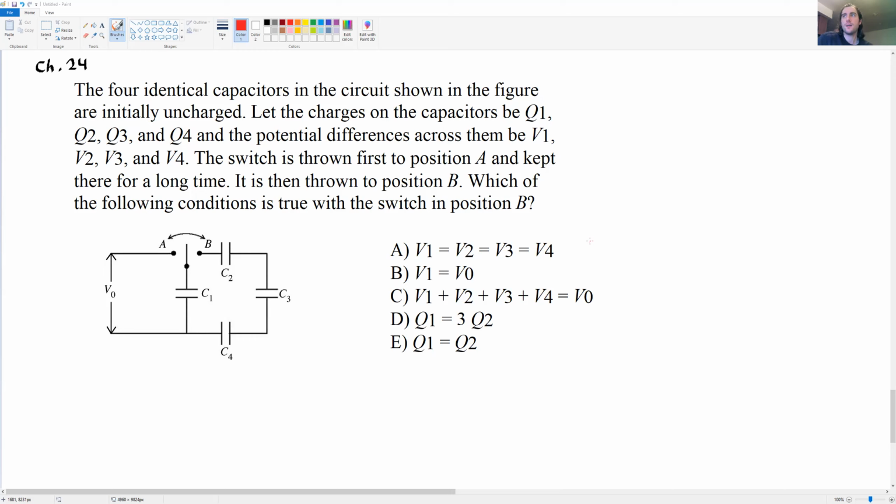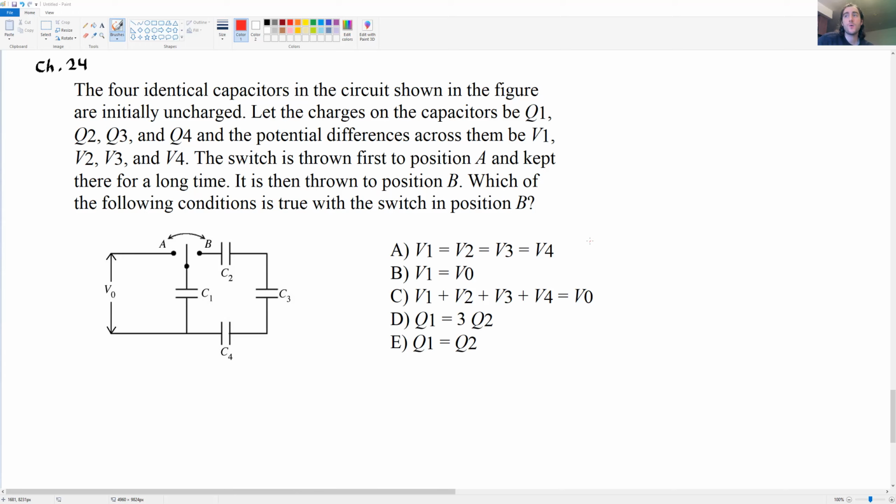Let the charges on the capacitors be Q1, Q2, Q3, and Q4, and the potential differences across them be V1, V2, V3, and V4. So don't get confused by the wording there. They're all initially uncharged, but we're going to label their charges Q1, 2, 3, and 4, and their voltages V1, 2, 3, and 4.